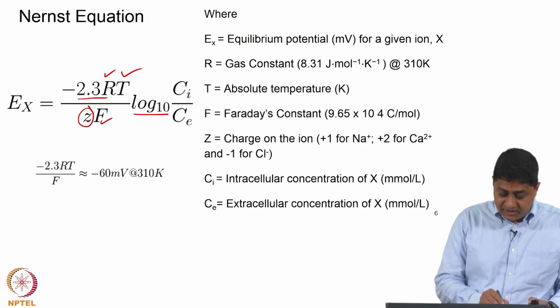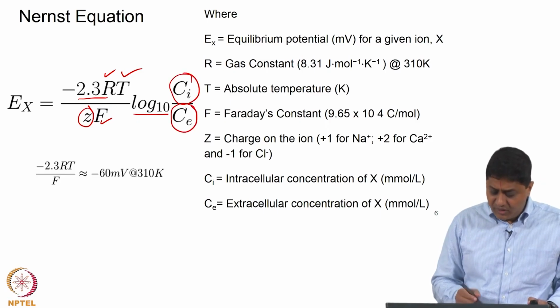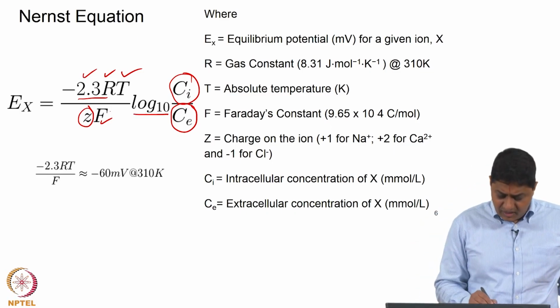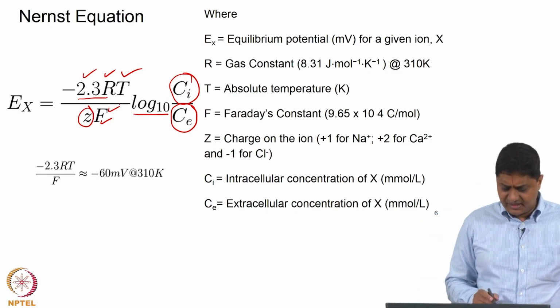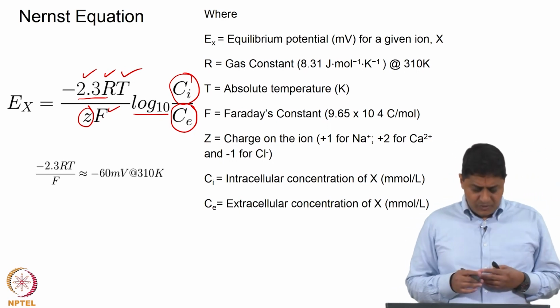So, I could theoretically compute all these numbers. I also do not know Ci and Ce. Only those that I have marked in red are unknowns, those that I have ticked are all knowns. For example, these are all things that I already know, right. So, I could compute what that value would be, right.